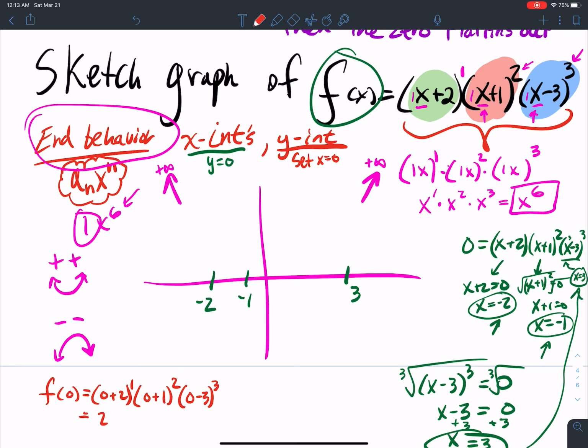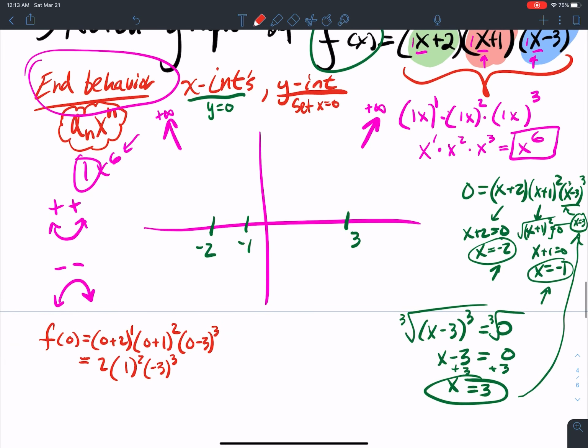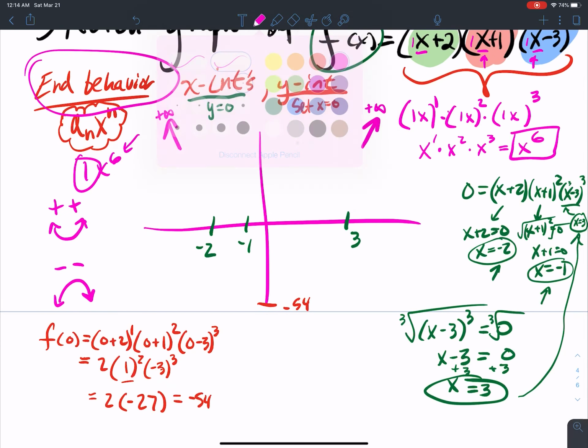So that's 2 times 1 squared times negative 3 cubed. So 1 squared is just 1, so that's 2 times negative 27. So that's negative 54. So I know I'm going to cross down here at negative 54. Okay, we don't have to have it perfect. We're just trying to draw it in.